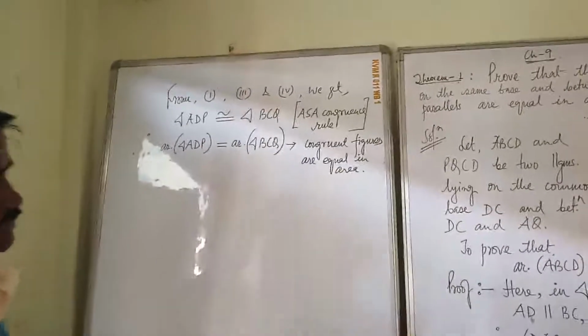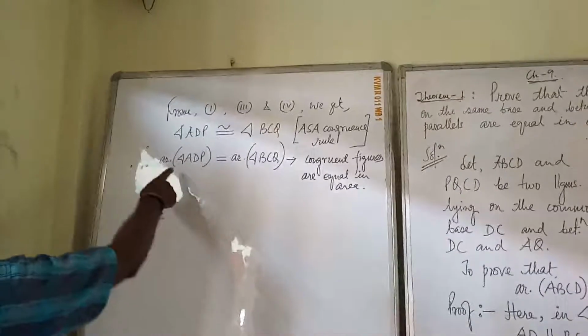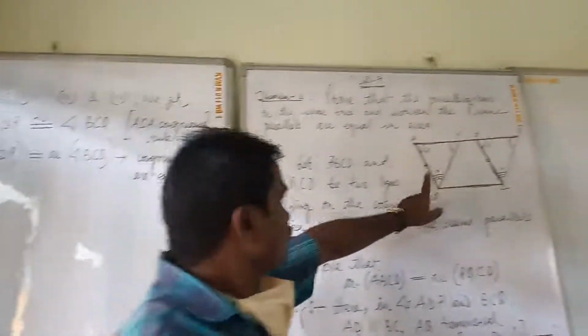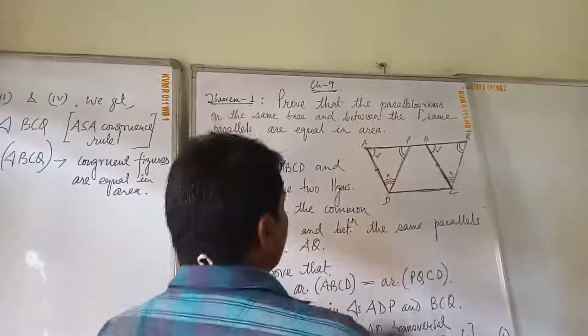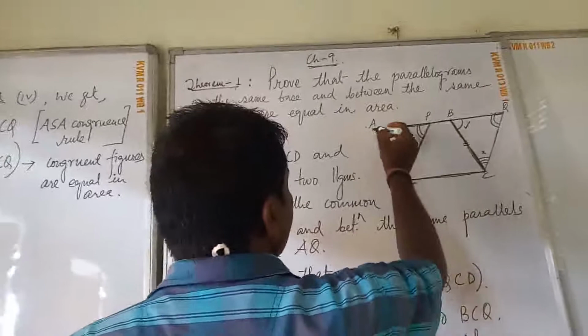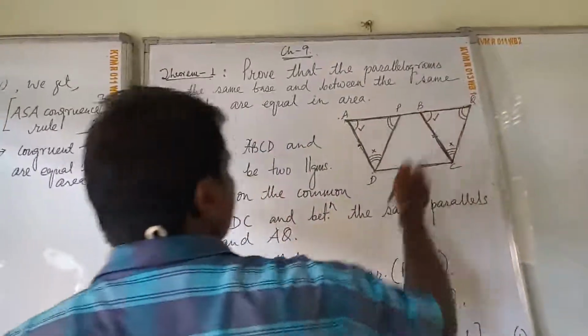All this information you already have. So once the triangles are congruent, we can say their areas are also equal. So we have proved this area APD equal to this area.